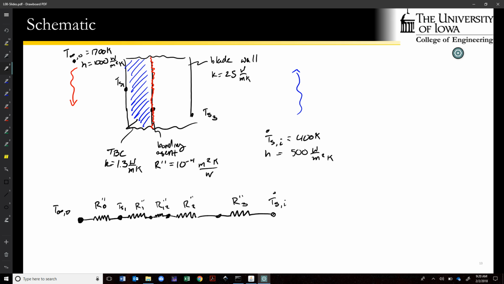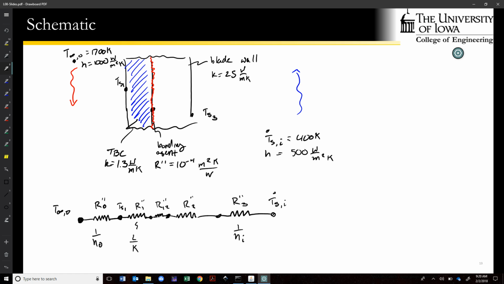Once again, we already have all the tools for convective heat transfer. This is just going to be 1 over H outside. This resistance is going to be 1 over H inside. And then each of these two conductive resistances is just equal to L over K, and this one's been given.